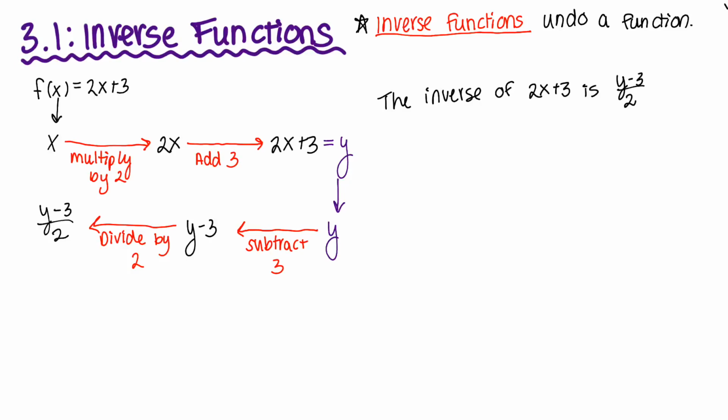Now, we don't really like to have y's as variables, so let's talk a little bit more about notation. The way that we denote an inverse is putting a little superscript, a -1, right on top of the f. So the inverse notation would look like this.